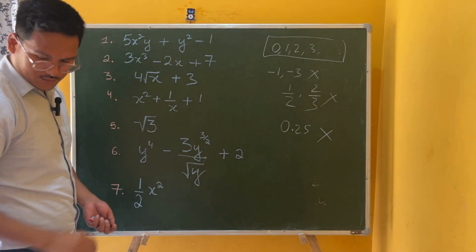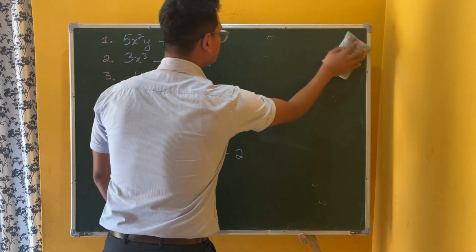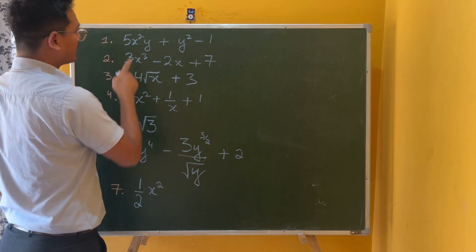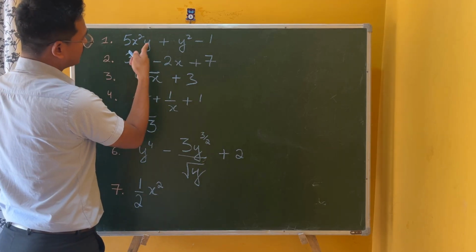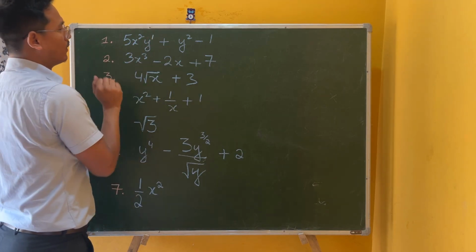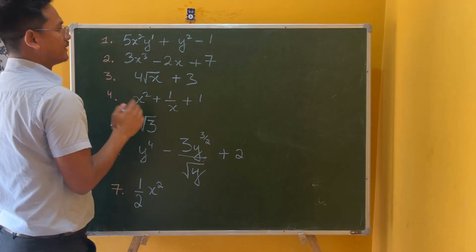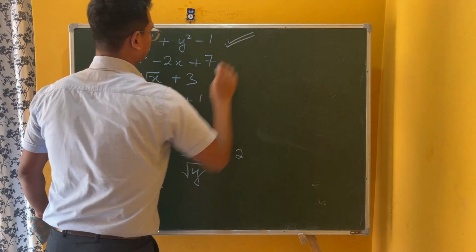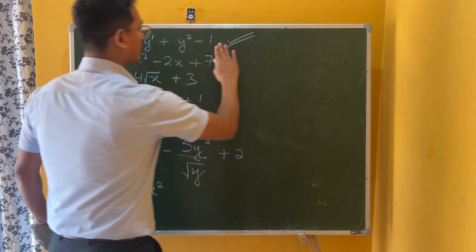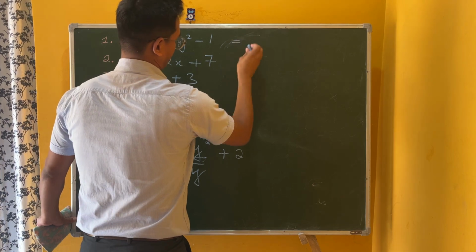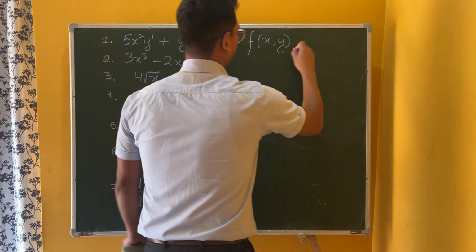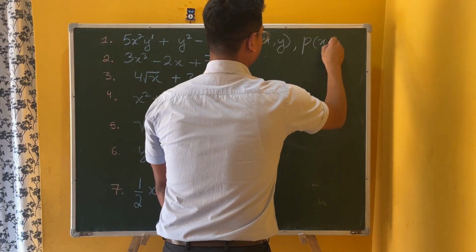Now, considering this, let us look at the first expression. The variables are x and y. Look at their powers. If nothing is written, it means 1. So the power is a whole number. Therefore, this is a polynomial. But this is a polynomial in two variables, x and y, which is also denoted by f of xy or p of xy.